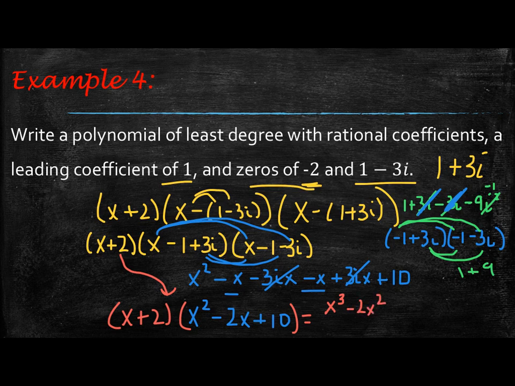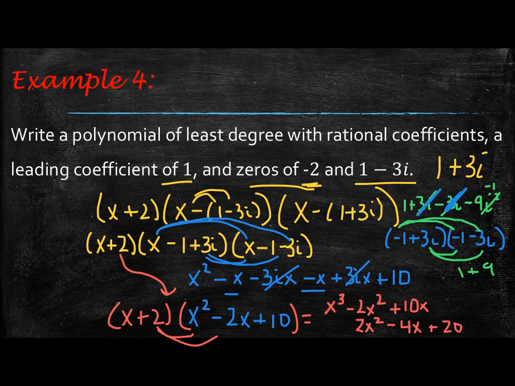Then I'm going to have x times 10, which is 10x. Okay, then I'm going to do the 2 and distribute it through. So 2x squared, I'm going to put that underneath here. And then negative 4x and plus 20.